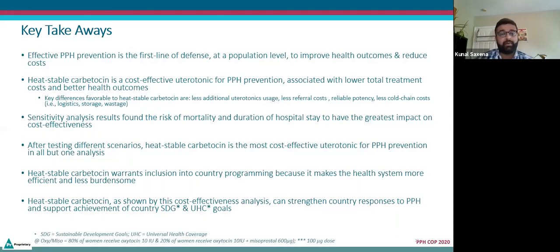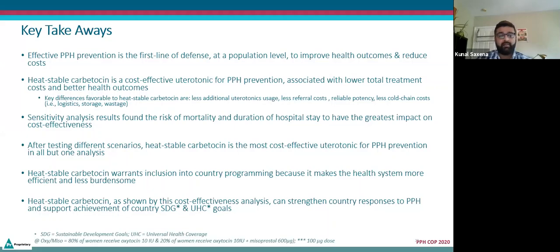Heat stable carbetocin is a cost-effective uterotonic for PPH prevention, as we saw in the results section, associated with lower total treatment costs and better health outcomes. Some of the key differences which lead to this favorable cost effectiveness include less additional uterotonic usage, less referral costs, reliable potency, and less cold chain costs, which include logistics, storage, and wastage costs.